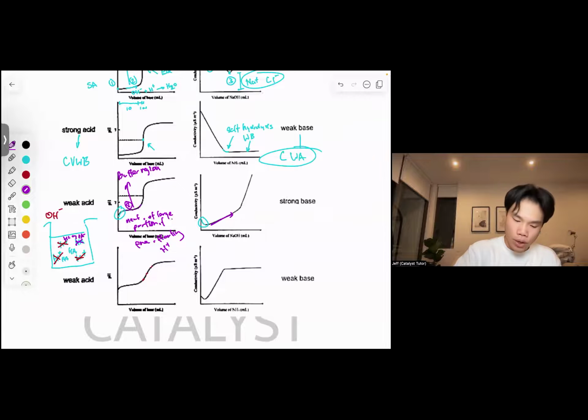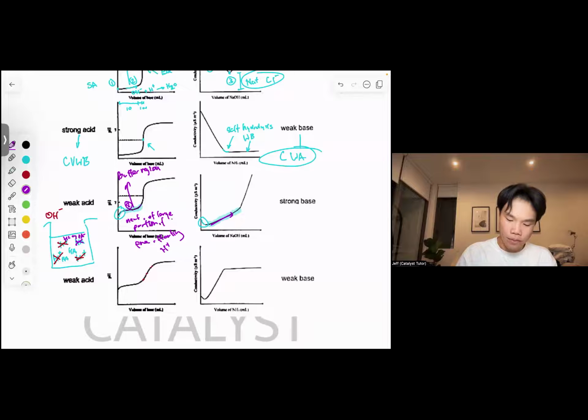This correlates directly to this portion of the curve here. This is happening through your buffer. Why is conductivity increasing? Na ions again. Yes, I like that.